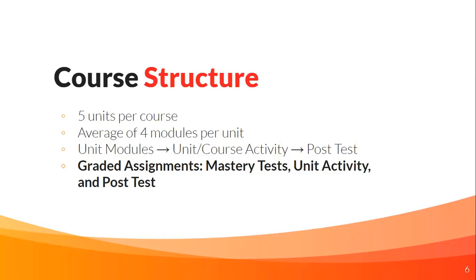So it may have a unit activity or it may have a course activity. So it depends on the unit itself, but it would never have both. And these are part of the grade. So the graded assignments are the mastery test, which is 1 per module, 1 unit or course activity, and the post test.